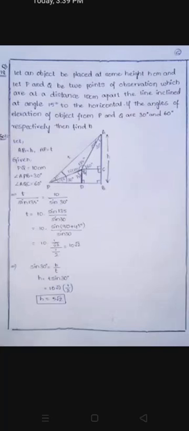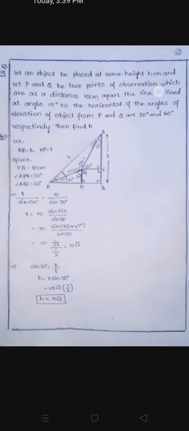Dear students, let us see some more problems regarding heights and distance now. The first problem is: let an object be placed at some height h centimeters, and let P and Q be the 2 points of observation which are at a distance of 10 centimeters apart.